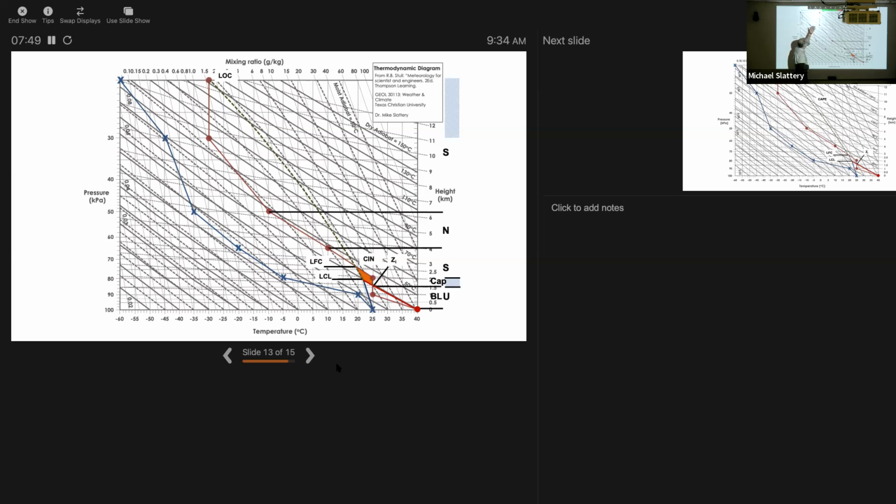Remember, one of the important parts here is the mixing ratio lines, these dashed lines that go from top left to bottom right, right? How many grams per kilogram of actual moisture is in that parcel? At the surface, remember the mixing ratio line that passed through here, it's that dashed line there. And there's lots of dashed lines on here, but it's about 21 grams per kilogram.